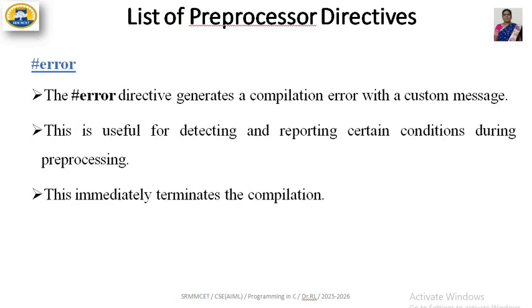Next, the preprocessor directive #error. The #error directive generates a compilation error with a custom message. This is useful for detecting or reporting certain conditions during preprocessing, and it immediately terminates the compilation.